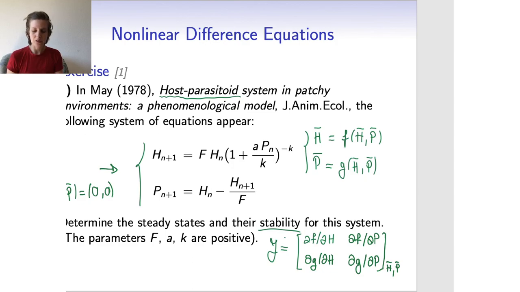Once you get your Jacobian matrix evaluated at the steady state, you are going to calculate the eigenvalues of this Jacobian matrix, and it will be stable if the eigenvalues satisfy this, okay, if they are smaller than 1 in magnitude.